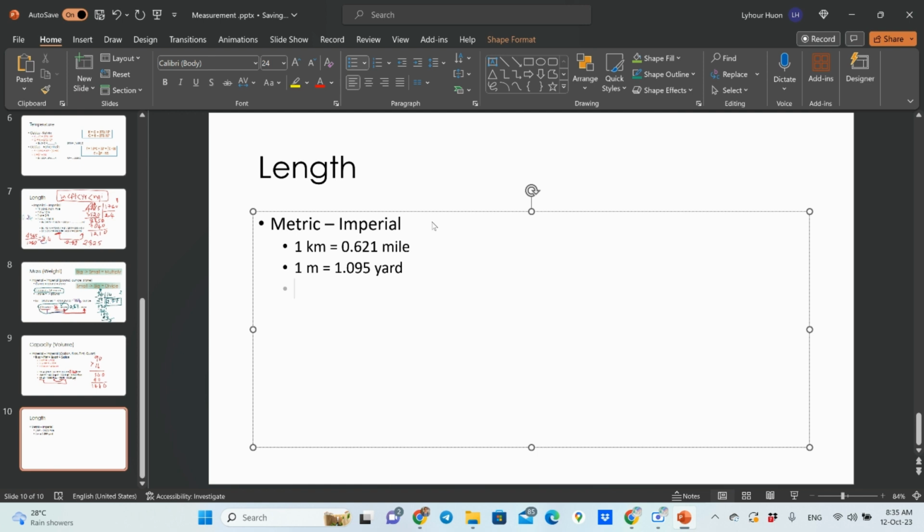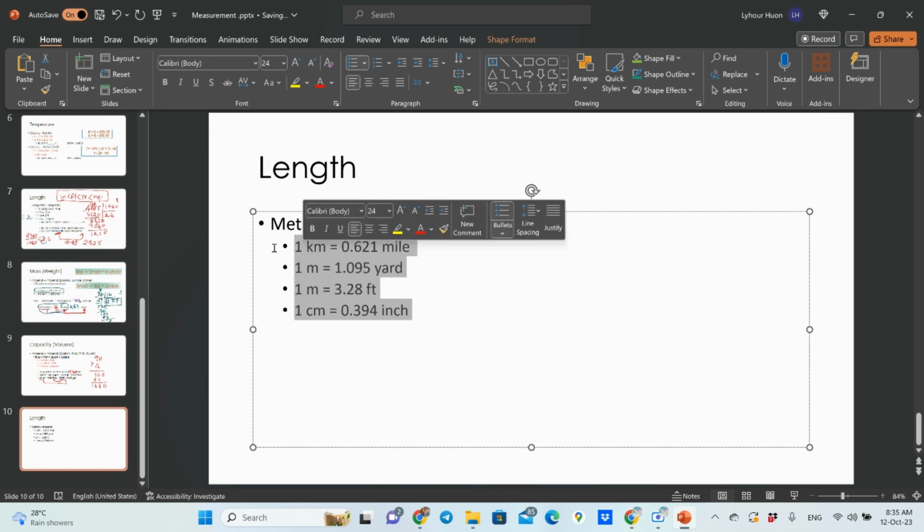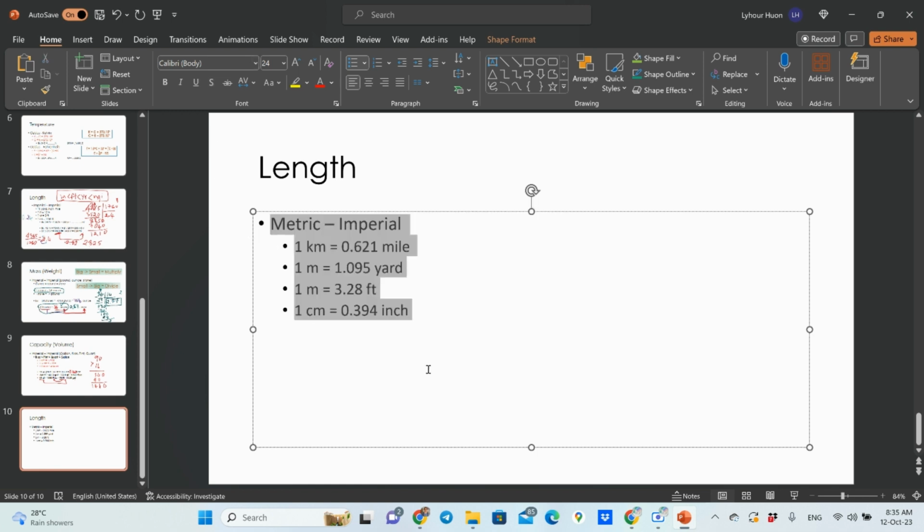And 1 meter again also equals 3.28 feet. 1 centimeter equals 0.3937 inches. Oh god, inches. That's why we need to remember this. This is needed to remember.